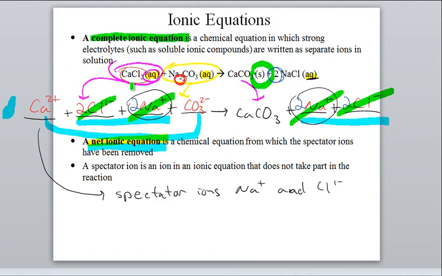So when we rewrite this as the net ionic equation, we'd write calcium 2 plus and carbonate 2 negative forms the calcium carbonate. The net ionic equation shows exactly what's reacting. It eliminates the other ions that are just spectators.